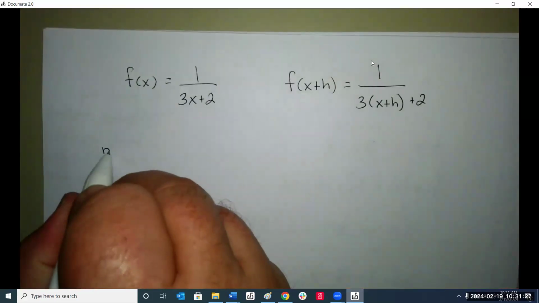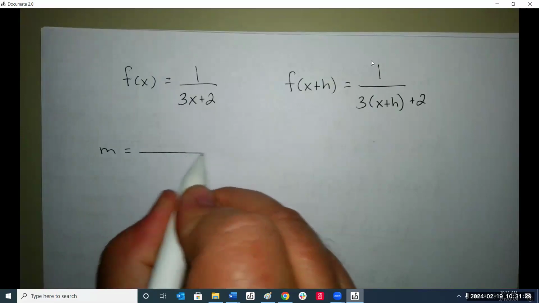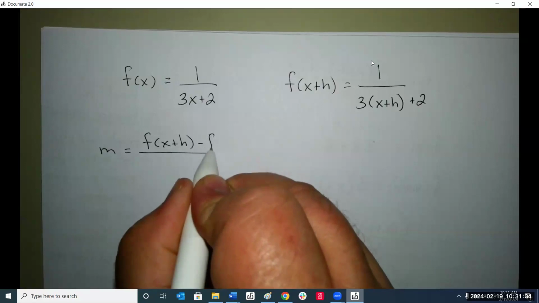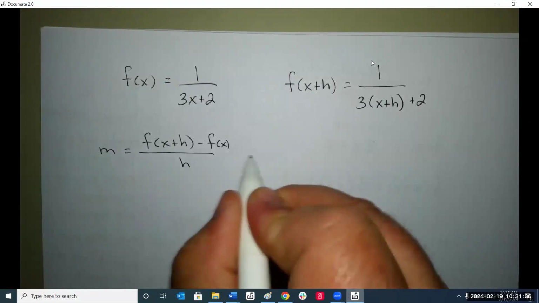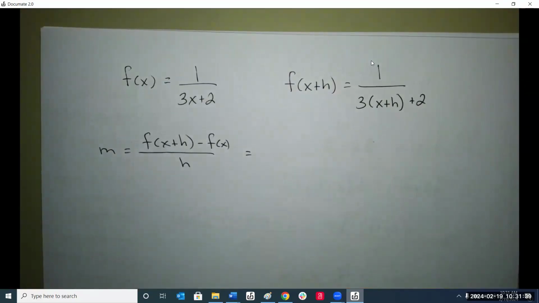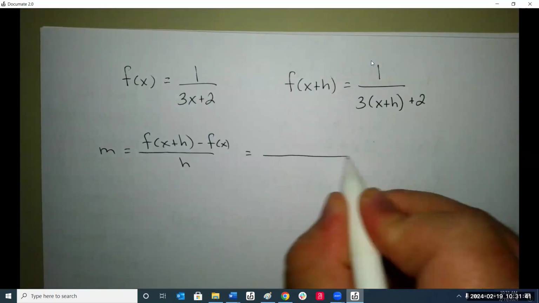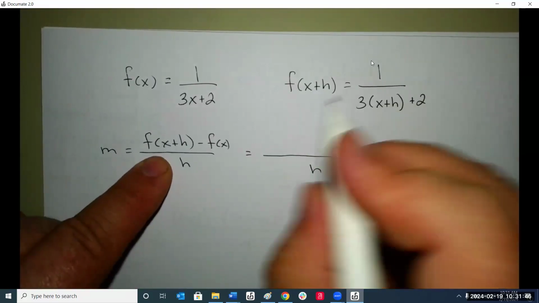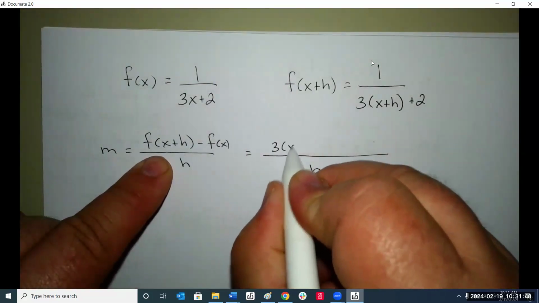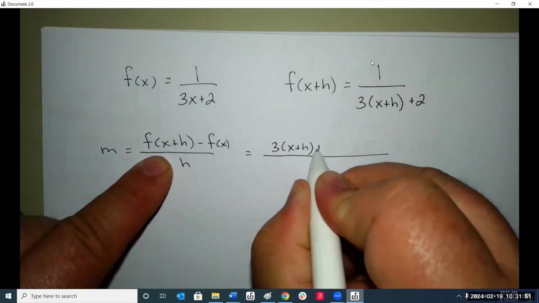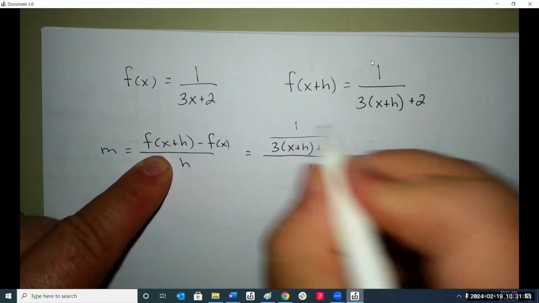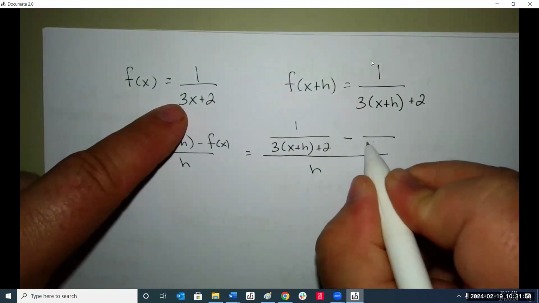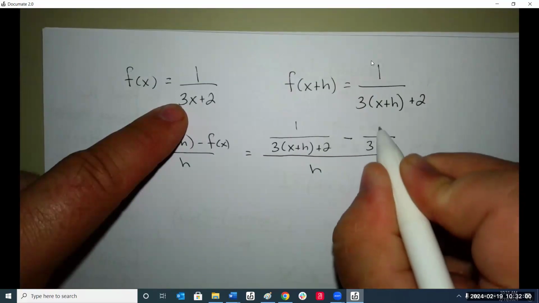Right, so let's now plug everything in there. We have f of x plus h minus f of x over h. That's the h. So f of x plus h is this one. So it's 1 over 3 times x plus h plus 2, minus f of x, which is 1 over 3x plus 2.